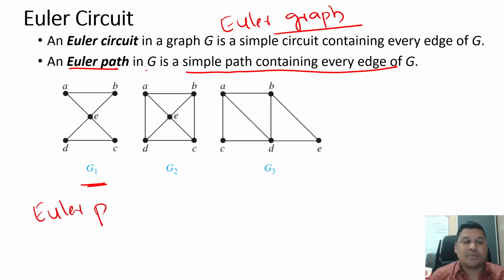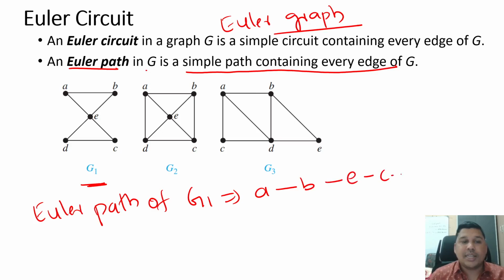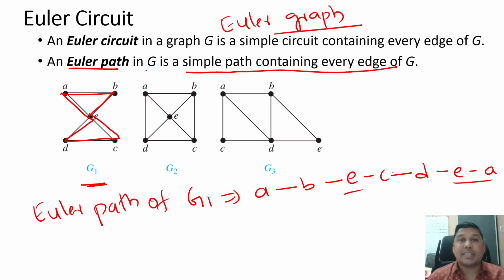Euler path of G1 is nothing but A to B, B to E, E to C, C to D, D to E and A. See, vertex may be repeated, but you should cover all the edges exactly once. Then we say there exists a Euler path.